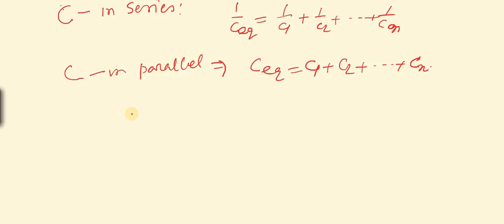We have three types of equation: voltage equation, current equation and energy equation. And we have three circuit elements.